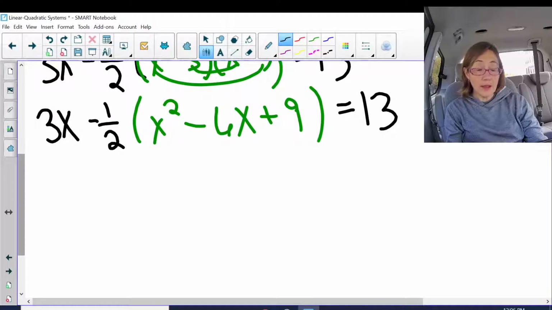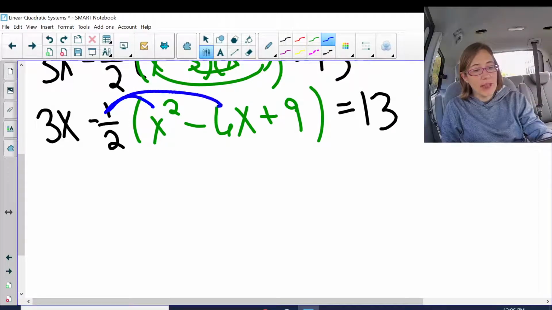Okay, well, I suppose there's not any parentheses that are getting squared, but I still have parentheses. So now the distributive property is going to kick in. I had to do the exponent first before I distribute because distribution is multiplication, and I'm thinking order of operations here. But now I can distribute. So let's take this negative a half and multiply that out.